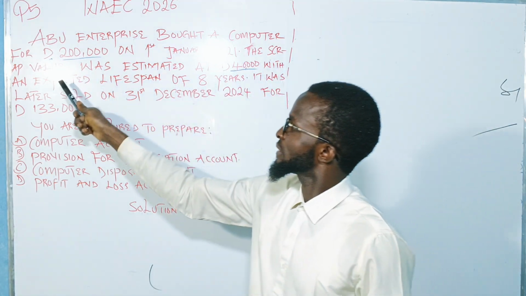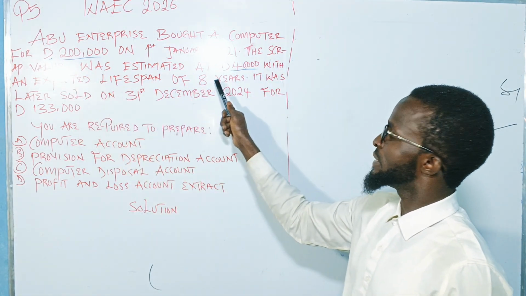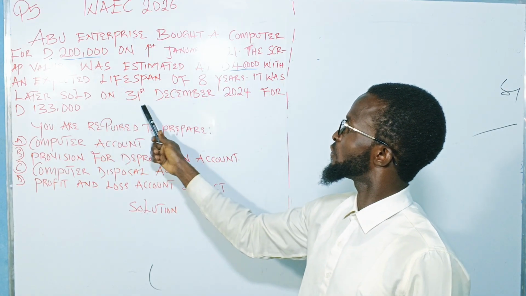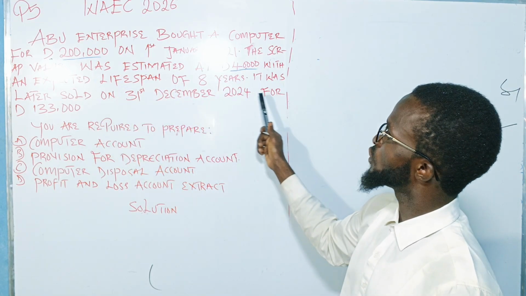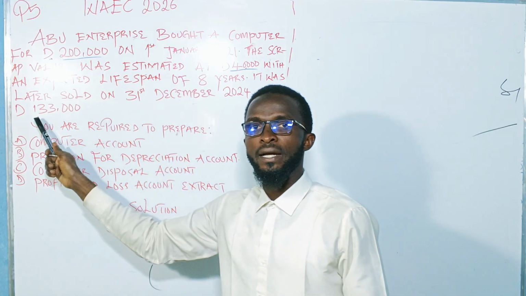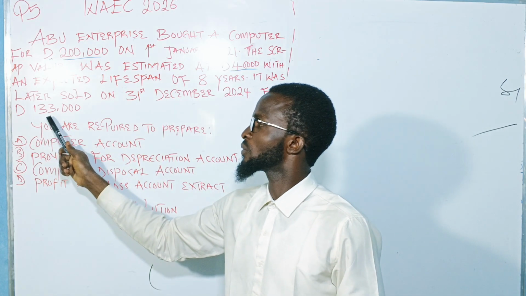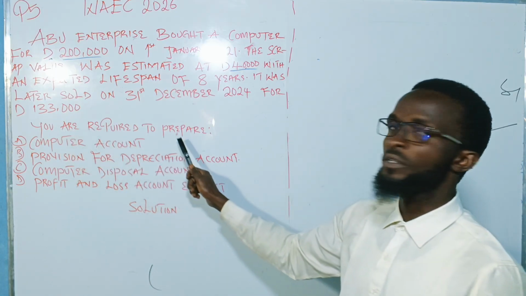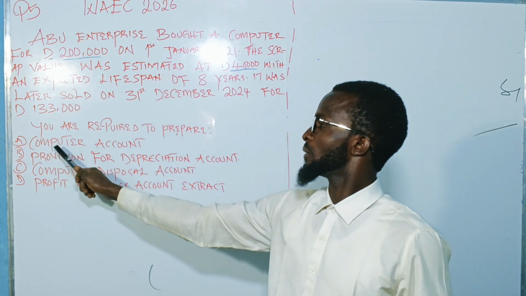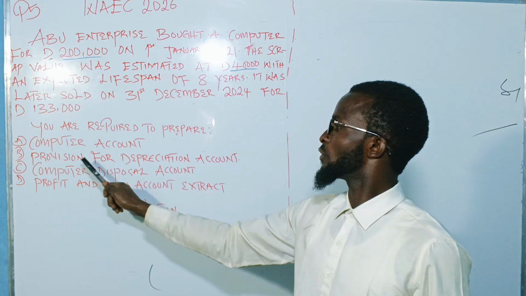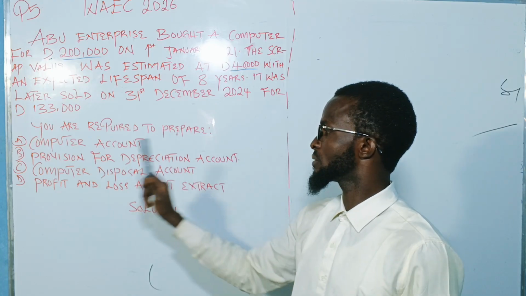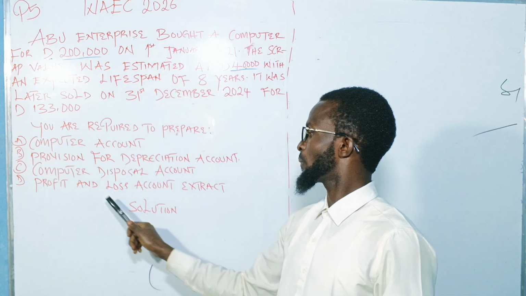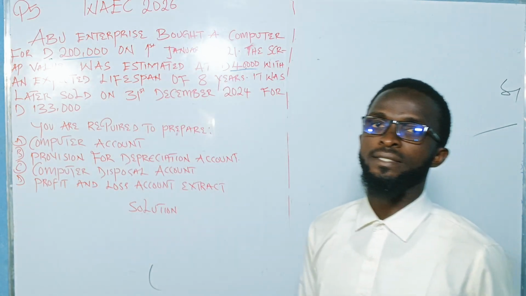With an expected lifespan of 8 years, it was later sold on 31st December 2024 for D133,000. You are required to prepare A, Computer account, B, Provision for depreciation account, C, Computer disposal account, D, Profit and loss account extract.